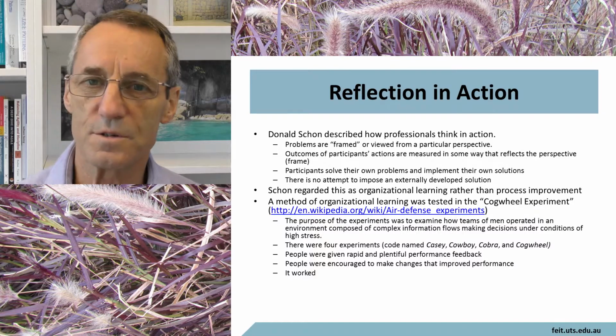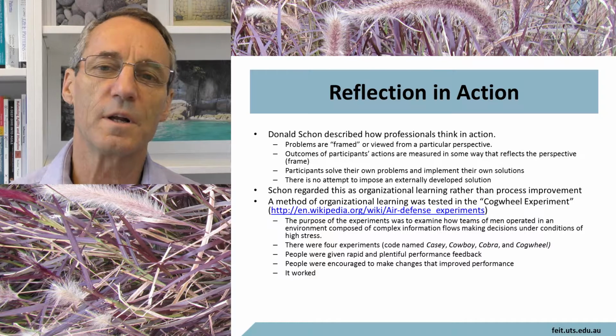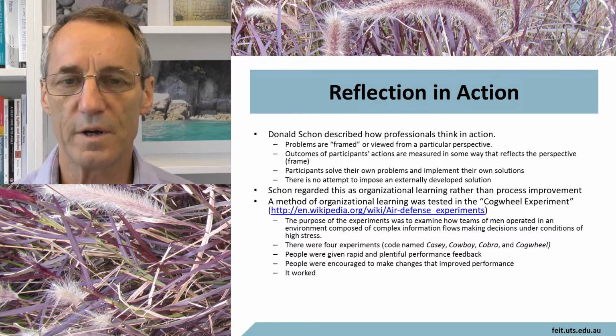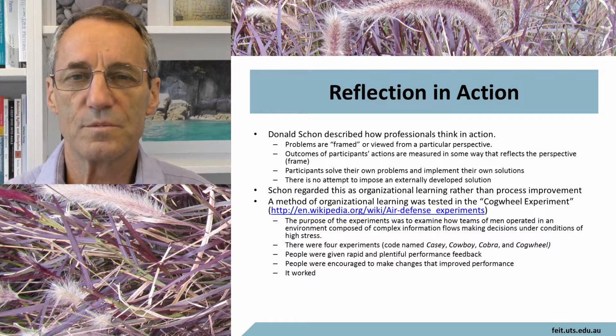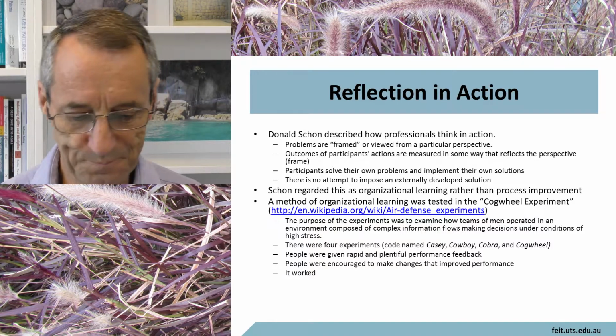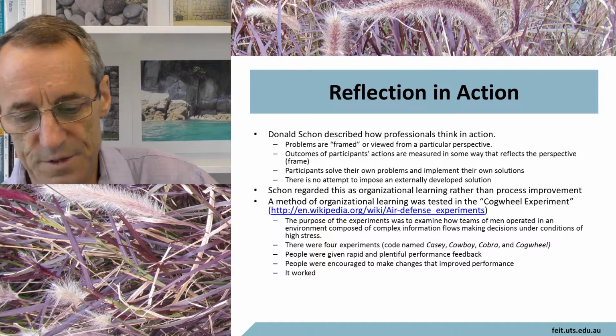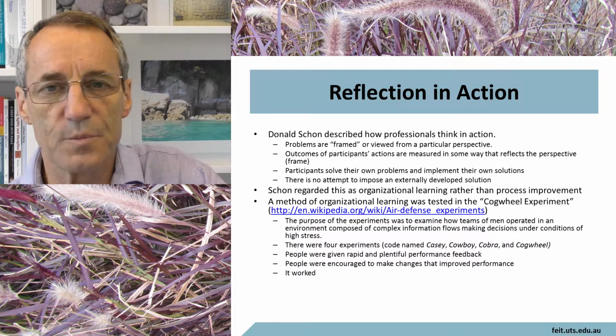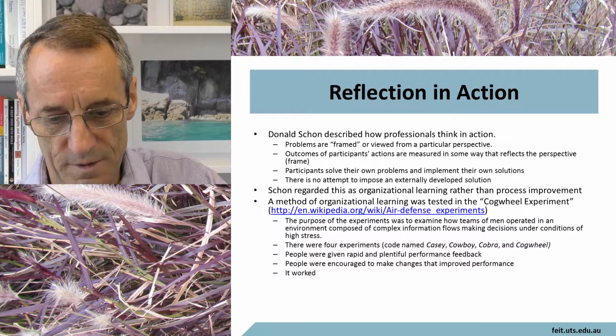That doesn't suit this reflection and action. Reflection and action is when you're doing something novel, new, innovative, and you've got to think about, well, could we have done that better? Generally this is regarded as organizational learning rather than process improvement. It's not a process, it's just learning.